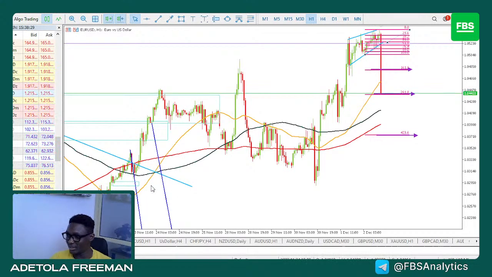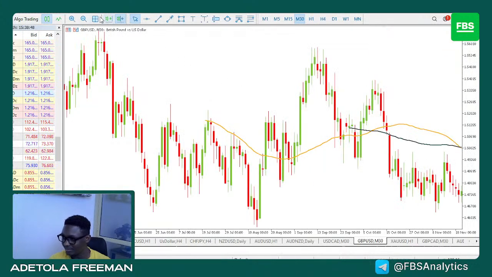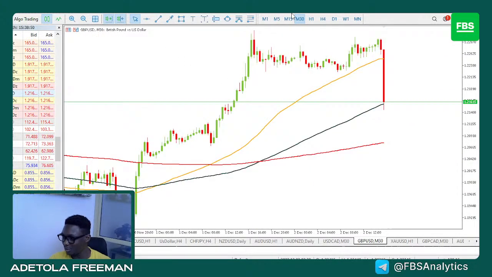You can see Euro USD, this is TP2 already. And TP3 is right over here. I'm not sure we looked at GBPUSD, but I'm also going to do the trade breakdown on GBPUSD right now.